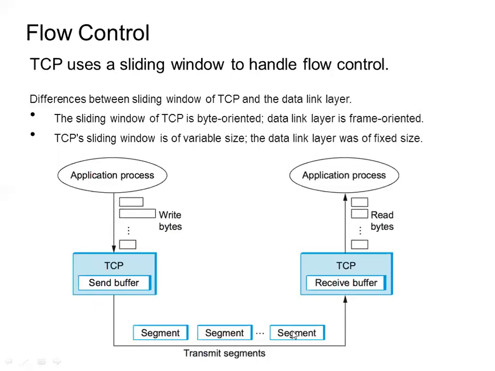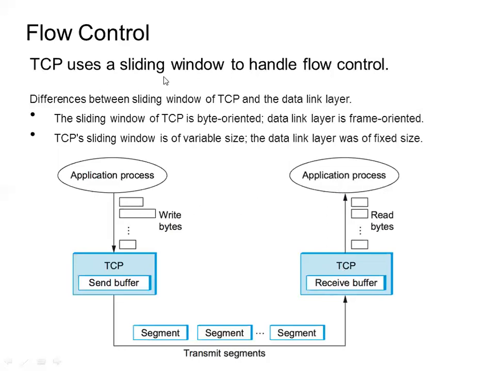Now the segment is going to contain the bytes as well as the TCP header, and those segments will be forwarded towards the destination. Now in the destination, the segments, which have the sequence of bytes, will be stored in the buffer, and TCP will be taking those bytes one by one. It is going to process and then forward to the application process.